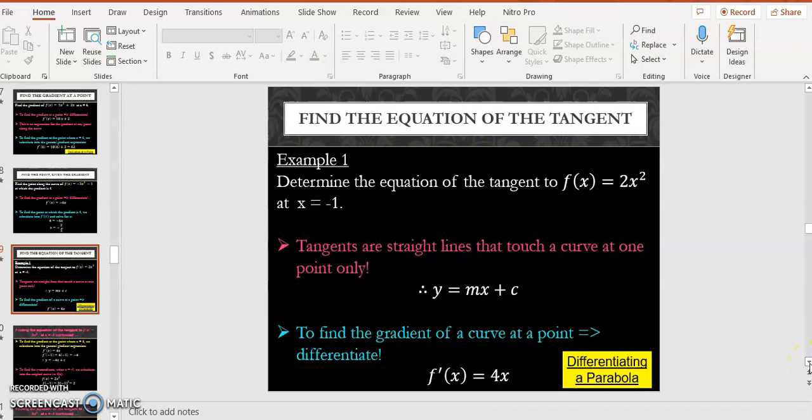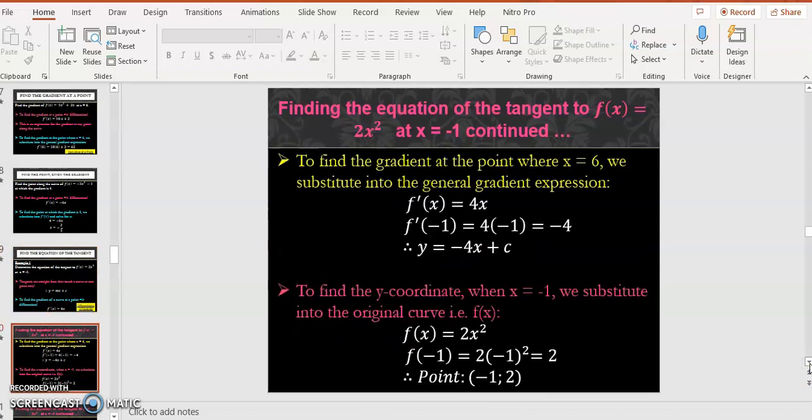Let's look at the next slide. Here we are supposed to find the equation of the tangent to f of x equals 2x squared at the point x equals negative 1. We are continuing from the previous slide. So here the point is x equals negative 1. We want to find the tangent of this curve.